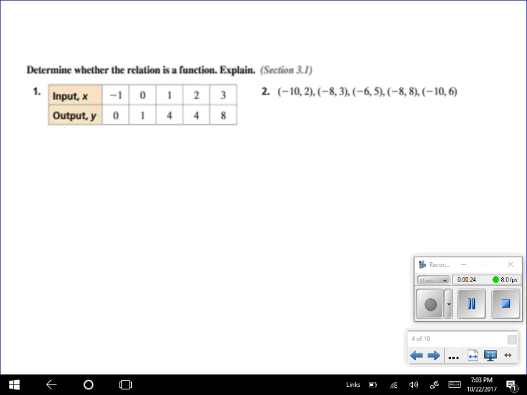For the first two, we have to determine whether the relation is a function, and we need to explain why it is or is not. So if we look at number one, remember, a function is a relation that for each input has exactly one output.